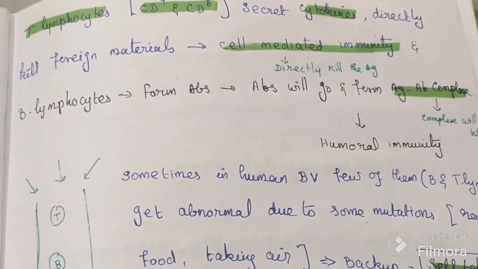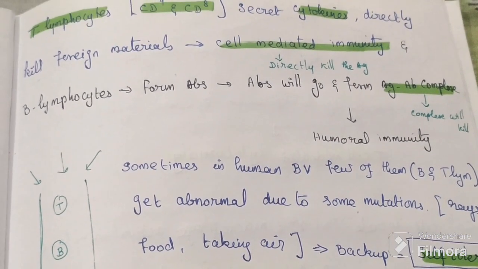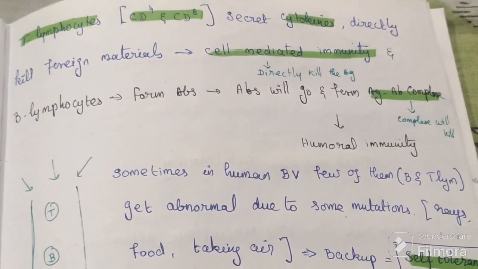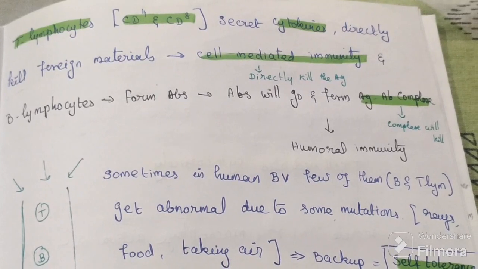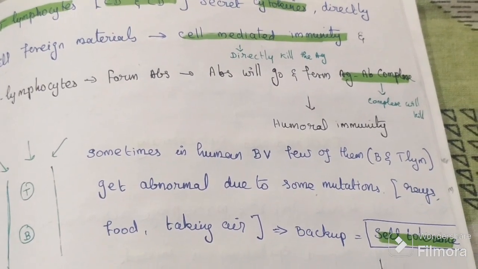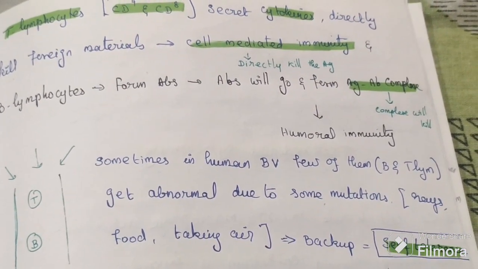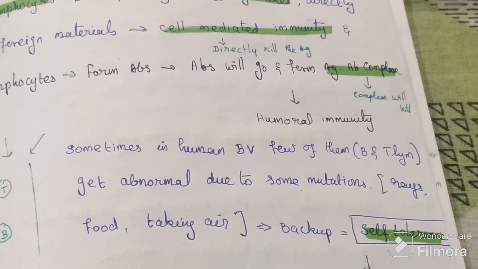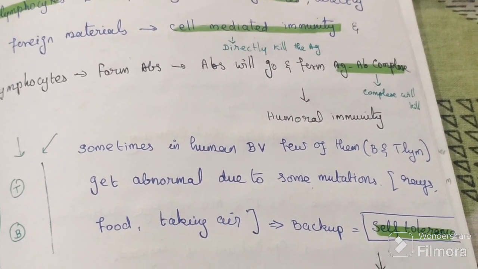Both of them work against the foreign, not against the self cell. But sometimes in human blood vessels, a few B lymphocytes and T lymphocytes become abnormal due to some mutation.